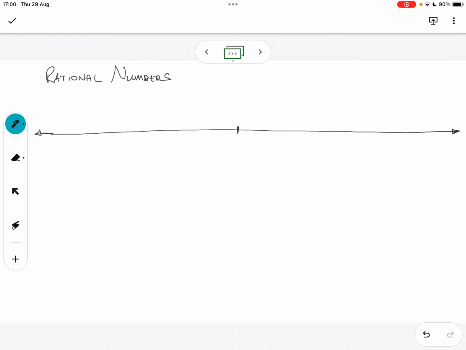Then we're also going to plot fractions, terminating and recurring, and we'll also do surds and other irrational numbers on the same number line, so that we can see how we can visualize the same numbers on the number line. I'm doing this with the anticipation that it will help you think about other things.